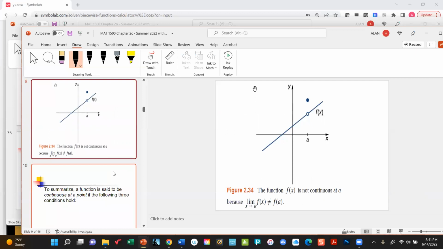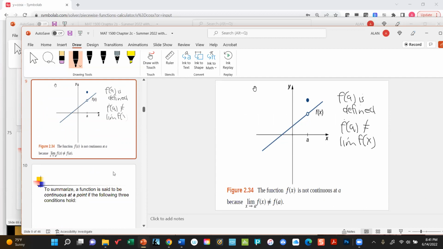Here, the problem is that while f of a is defined, the problem is that f of a is different than the limit as x approaches a from either direction. And so when these are not equal to each other, again, we have a discontinuity.